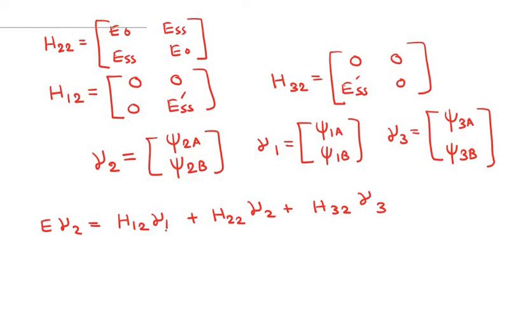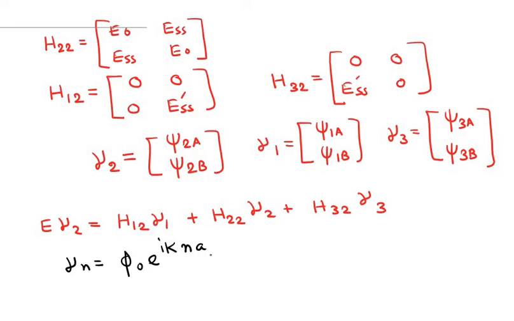So we note that this gamma 1 is the wave function corresponding to the first unit cell, gamma 2 is the wave function corresponding to the second unit cell, and gamma 3 is the wave function corresponding to the third unit cell. So what we do now is that we write this gamma as phi 0 e to the power i k n a, where this a is the distance between two unit cells.